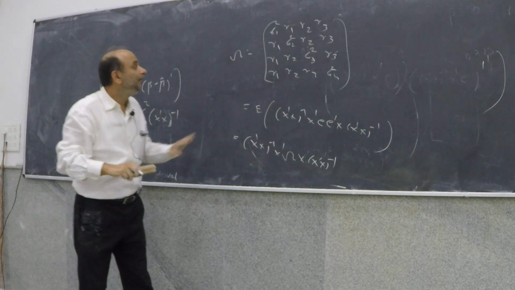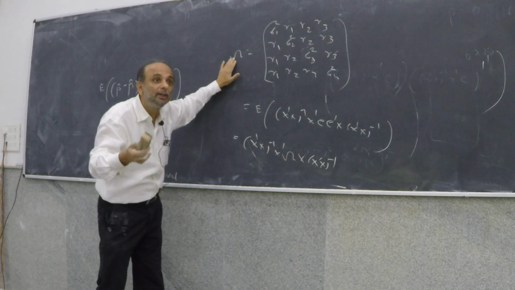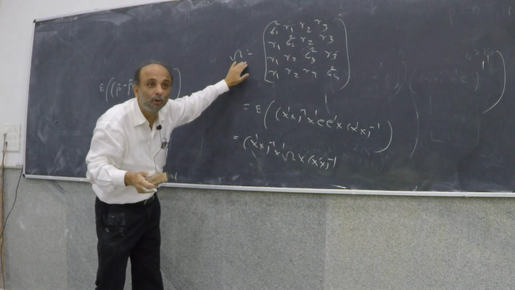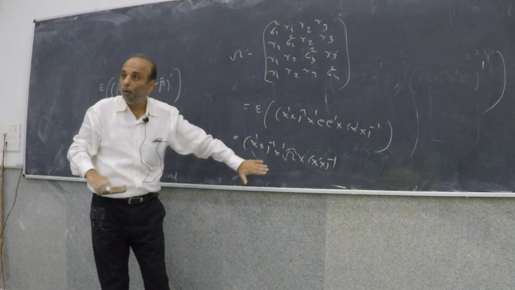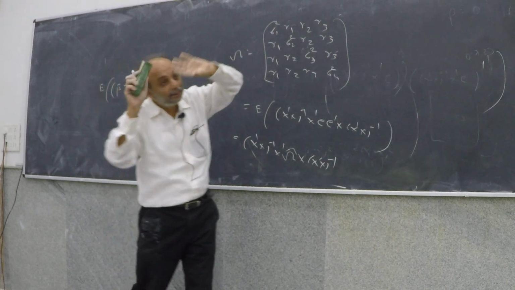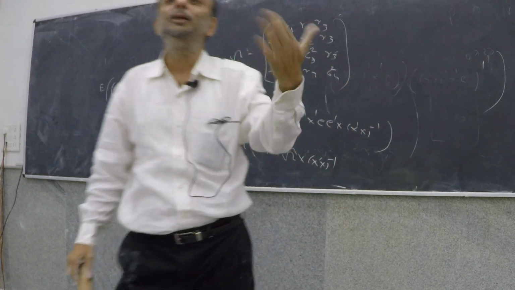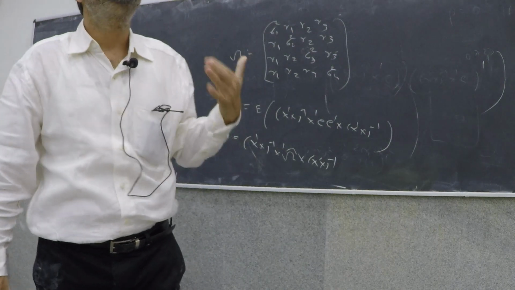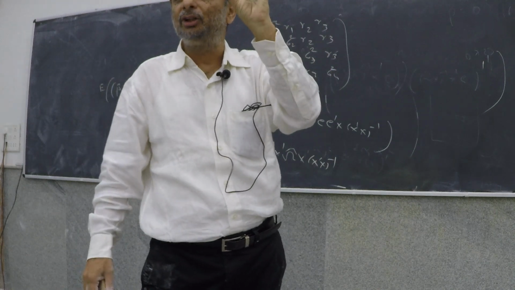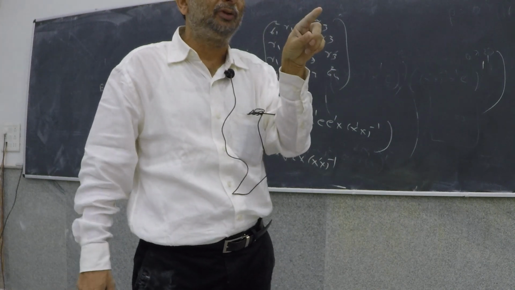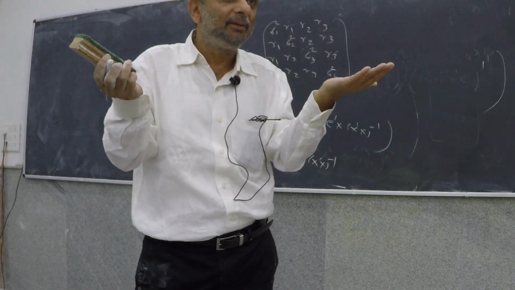So if somehow I can estimate this omega, the true variance covariance matrix, and replace it here by omega hat, then I will be estimating the real standard errors without making these two assumptions. Such standard errors are called robust standard errors. The standard deviation of beta hat is the square root of sigma square upon summation xi minus x bar square.